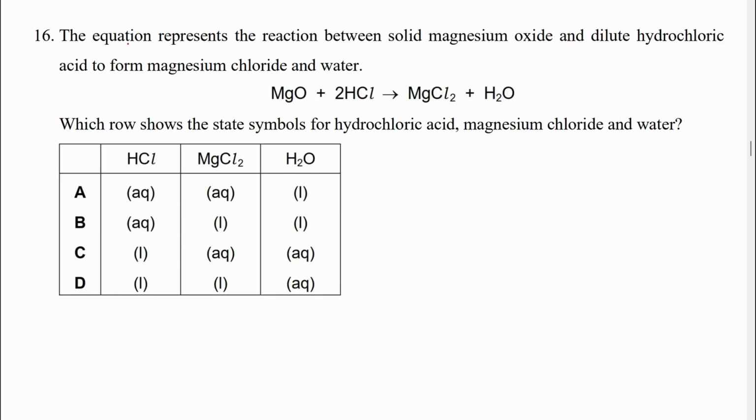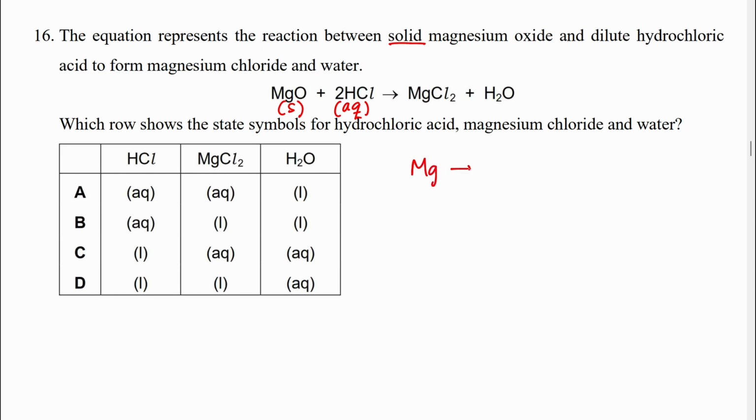Next question. The equation represents the reaction between solid magnesium oxide and dilute hydrochloric acid to form magnesium chloride and water. Which row shows the state symbol for hydrochloric acid, magnesium chloride, and water? Okay, so we already know this is a solid, right? So magnesium oxide here is solid. While acid, HCl, hydrochloric acid, remember, all acid can dissolve in water, so that's why it is aqueous. And MgCl2.